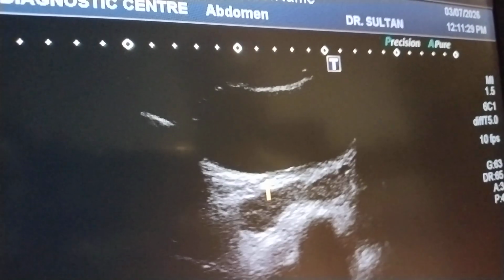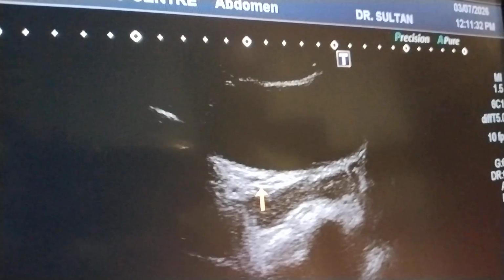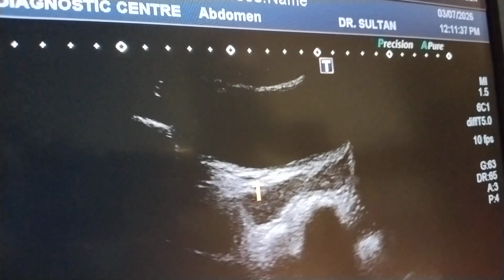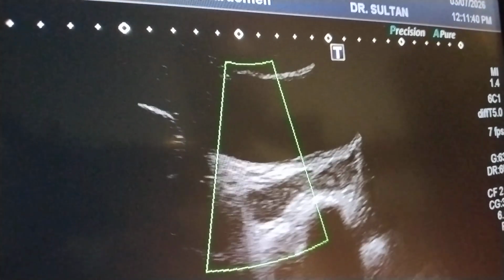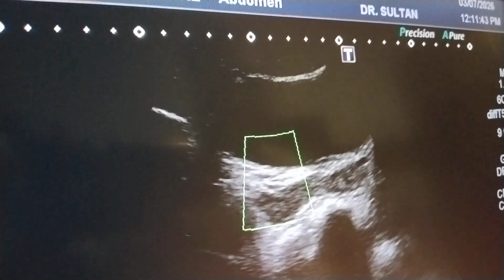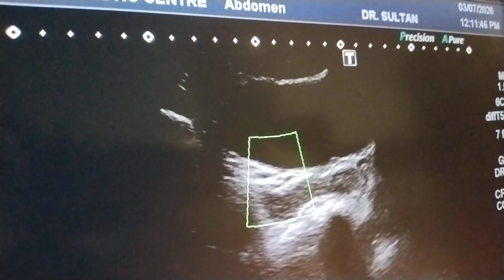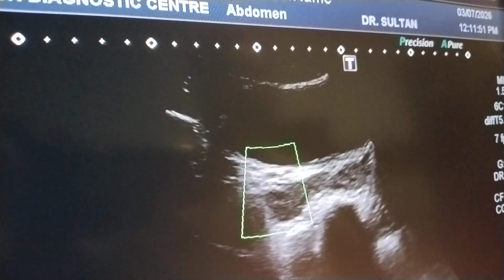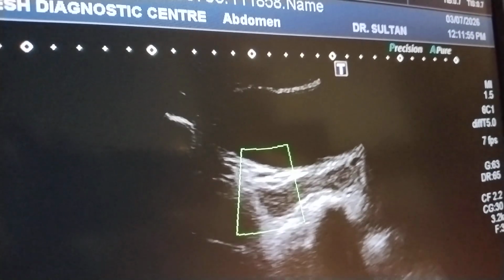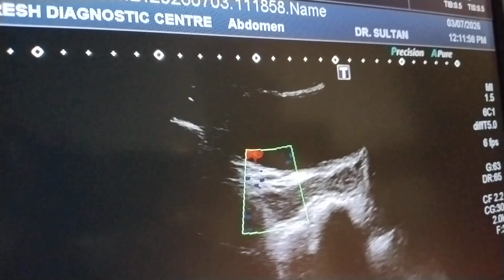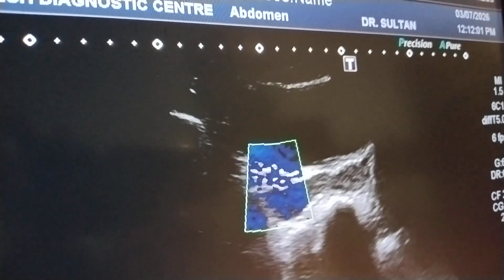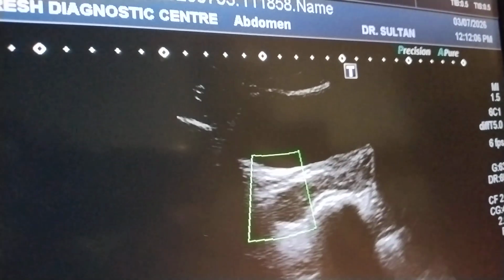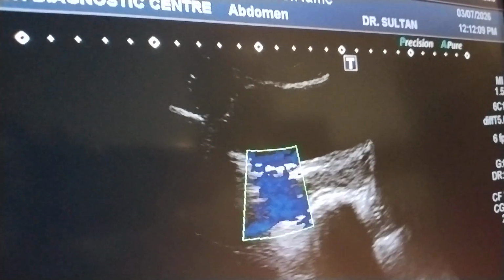So this is the VUJ, and this small one is the stone, which is not giving a shadow.